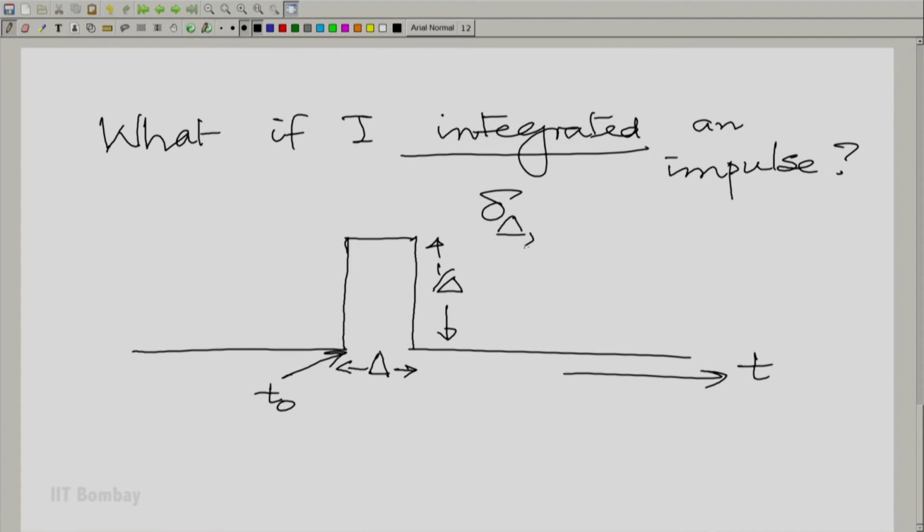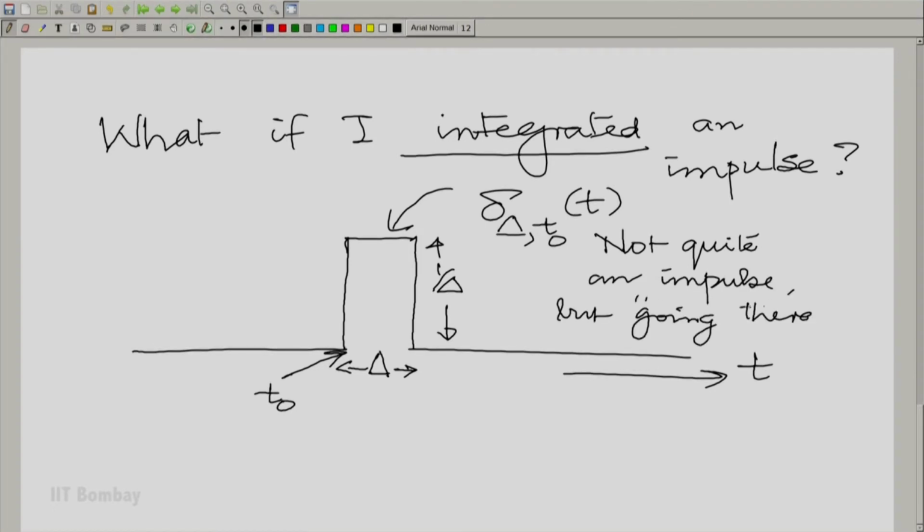So, I will say delta_delta(t - t0) just to make it clear that we are locating this at some place of t. Now, delta_delta(t - t0) is the function I have drawn, not quite an impulse, but moving in that direction as delta tends to 0. And now I consider the integral of this from minus infinity to every t. This is called a running integral.